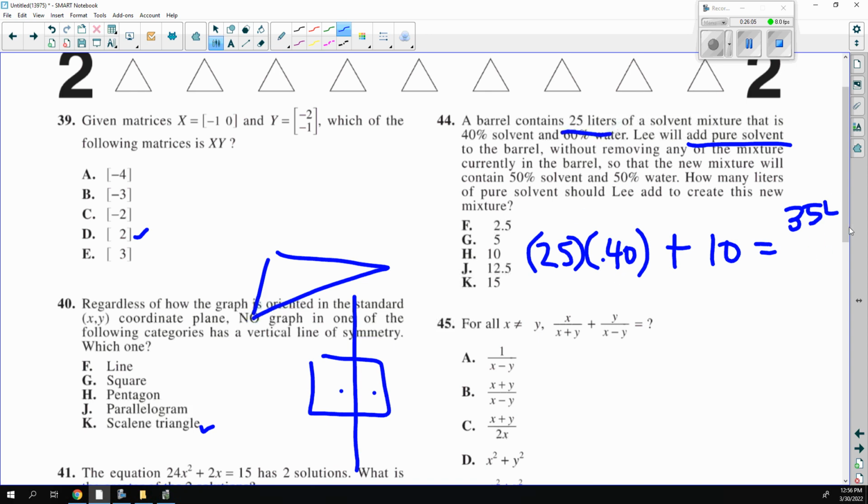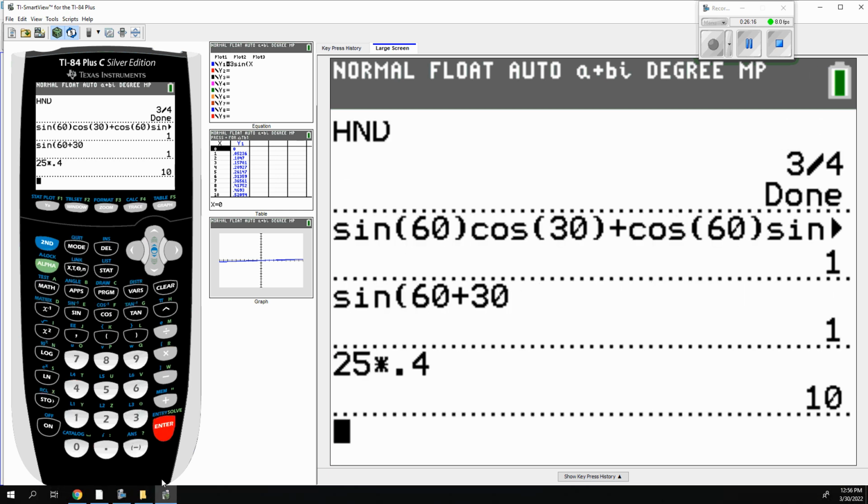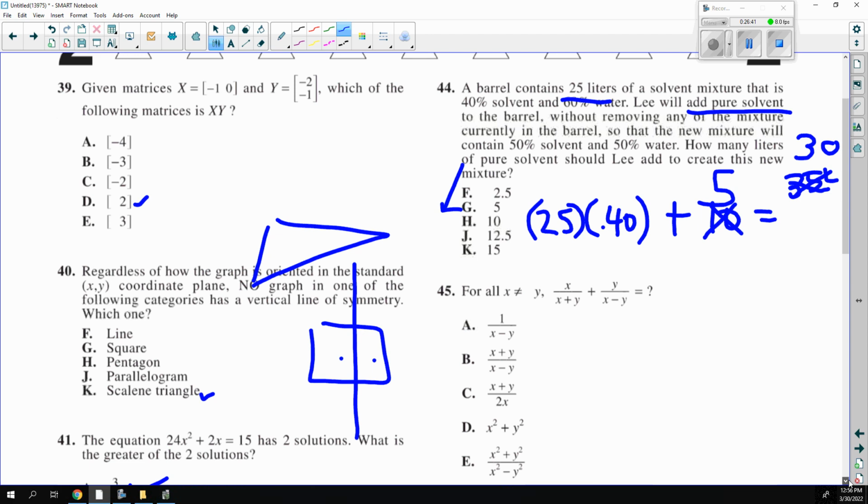So half of that, 17.5, should be solvent. So what's 25 times 0.4? So 10 plus 10 would give me 20. That's too much. So it must be a lower number. Let's try 5. 5 would mean we have 30 liters. And we've already shown that we had 10 before. 10 plus 5 would be 15. There's your answer.